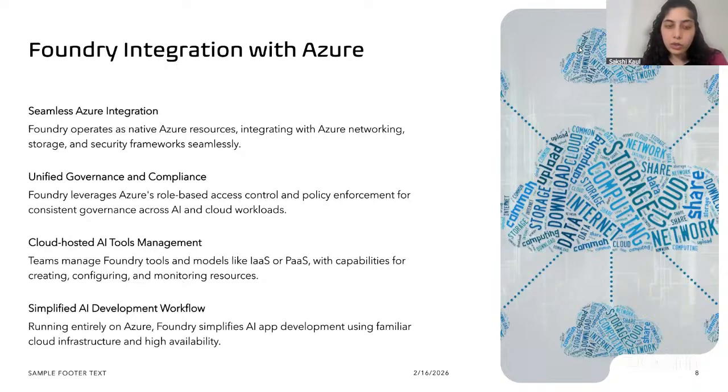Foundry tools and models like infrastructure as a service or platform as a service are available for us to manage in that platform. It can help us create, configure, and monitor resources to build our AI applications. All of this makes our AI application development very easy, and everything is just running on Azure.